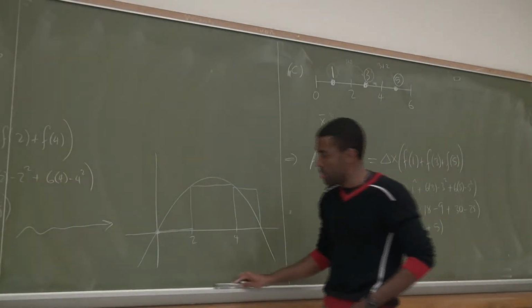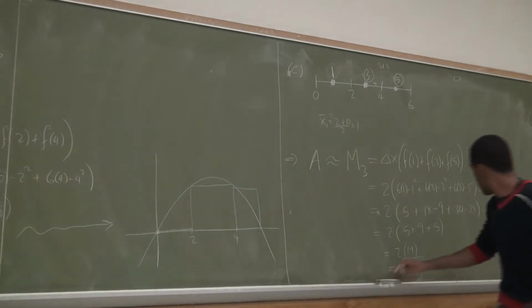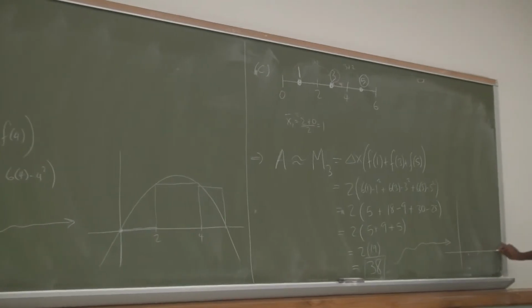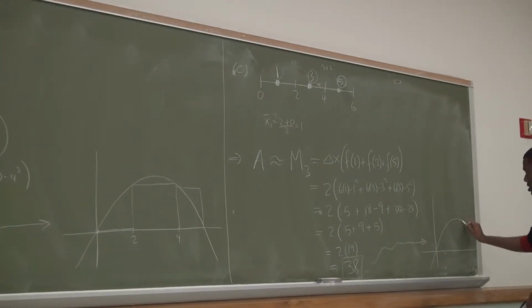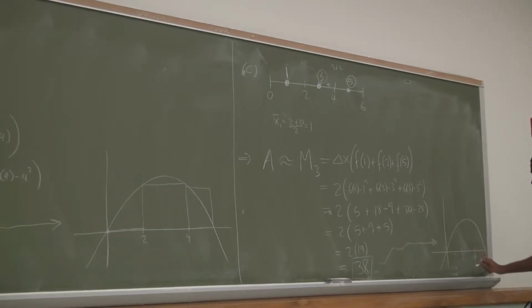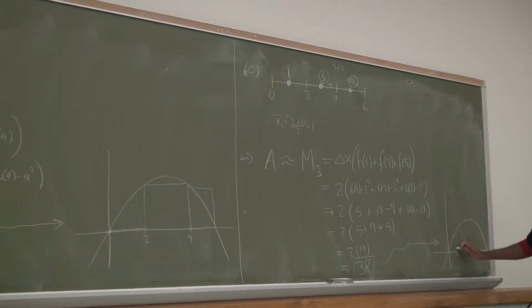In this case, the midpoint gave you an even higher estimation. The diagram is not a part of the answer, but I just wanted to illustrate it. Here plug in 2, here plug in 4. Now I take the midpoint. That determines the height of the rectangle.